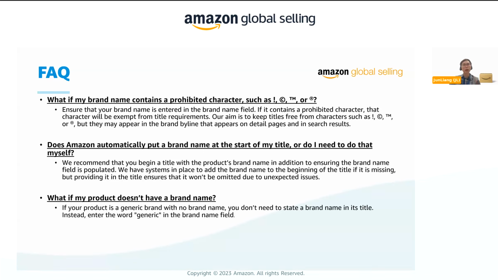By doing so, you might need to apply for a GTIN exemption as well, so that you will be able to list it successfully. And again, if you do not have a brand registered, you will not be able to leverage features I mentioned earlier, like A+ content and the Amazon brand store.